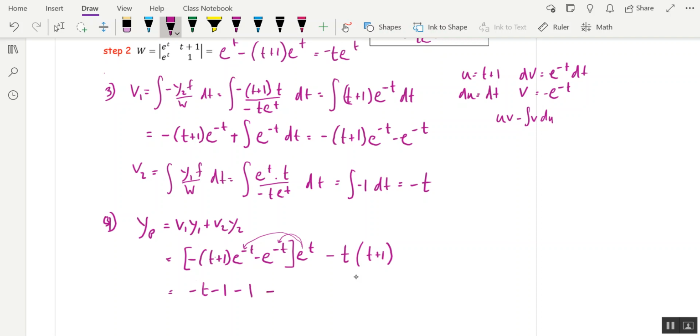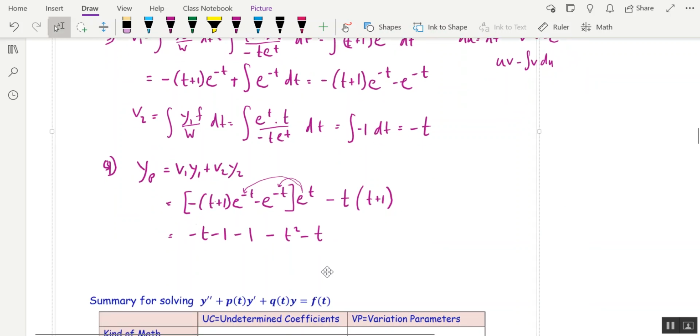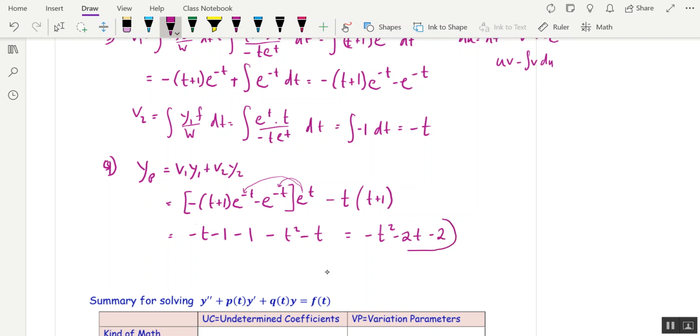And then minus over here, t squared minus t. So make sure you follow that, pause it if you need to, and just make sure that you understood where all that stuff is coming from. And then if we do our final cleanup, we get minus t squared, we got minus 2t, and then minus 2. And there's our yp.